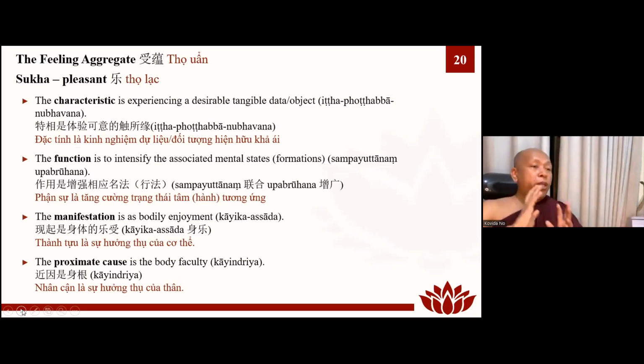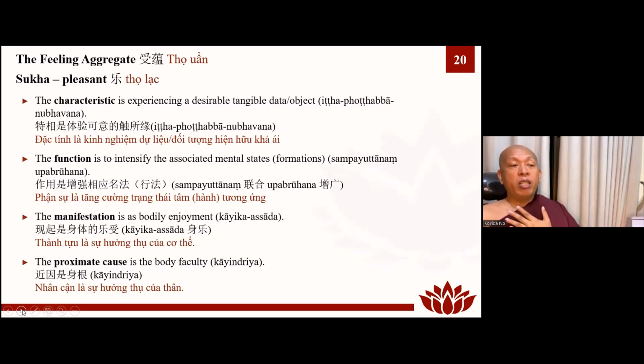Okay, so now feeling aggregates. When we say feeling aggregates, we may have many different types of feeling. Altogether, we have 5 different types of feeling. Two things about physical or body, three things about mental.